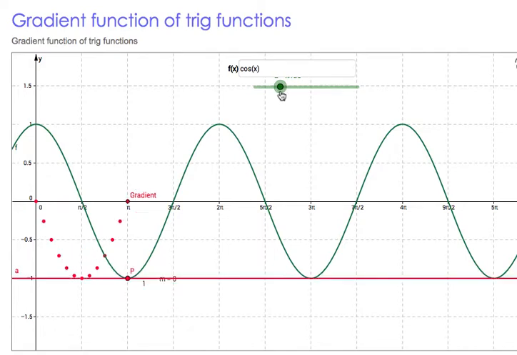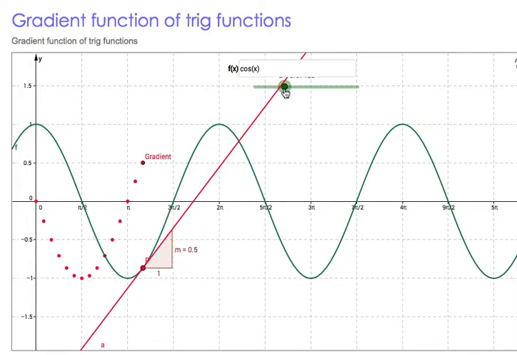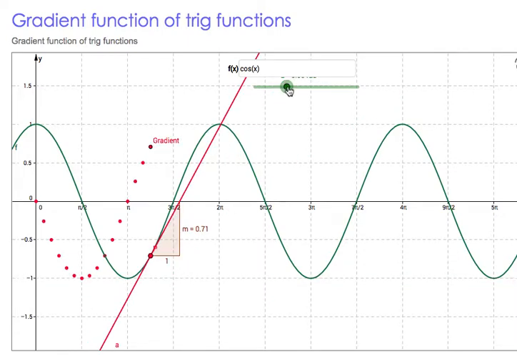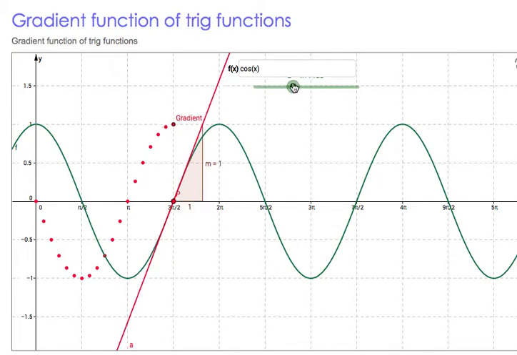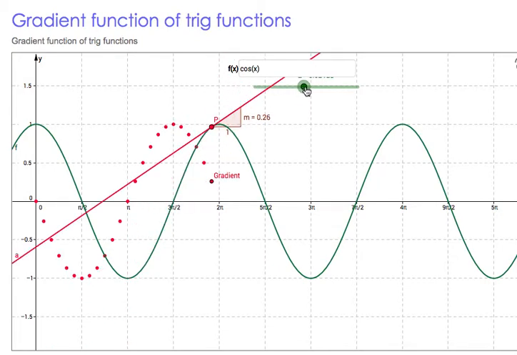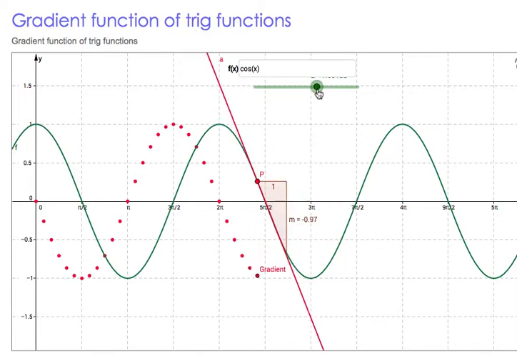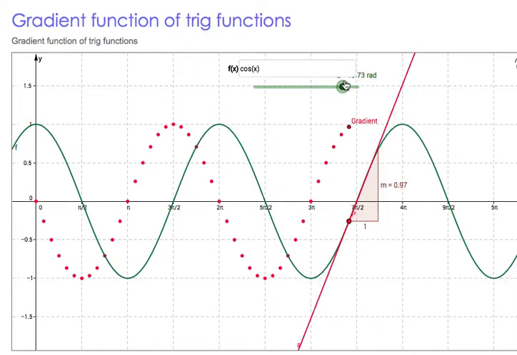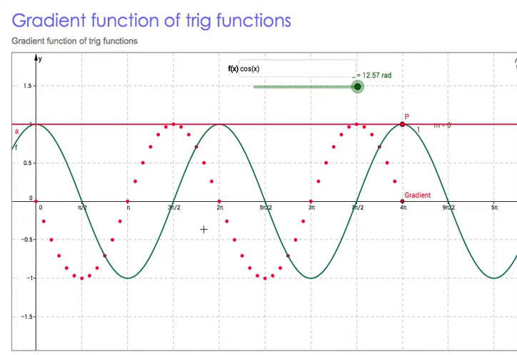Right at pi, we see that the slope is back to 0. As I keep moving, the slope becomes more and more positive until I get to 3 pi over 2, and then the slope goes back down. So you can see here that there's a pattern forming. This is the cosine graph.